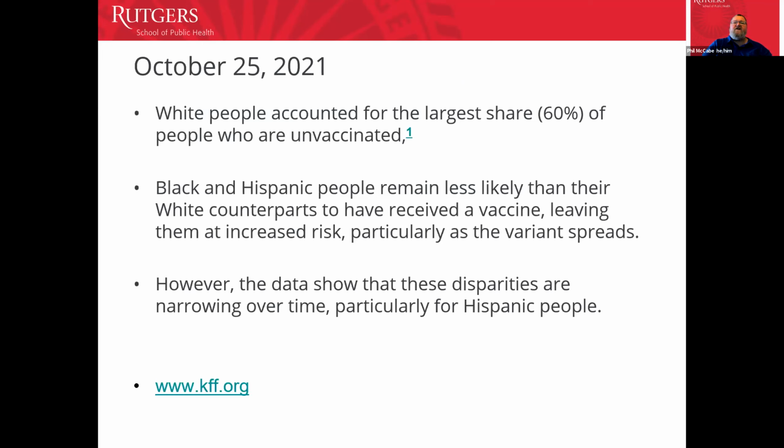However, the data does show that these disparities are narrowing over time, particularly for the Hispanic community. So some of the efforts and some of the education campaigns and some of the outreach efforts that are being orchestrated are increasing protective factors and decreasing some of these risk factors.